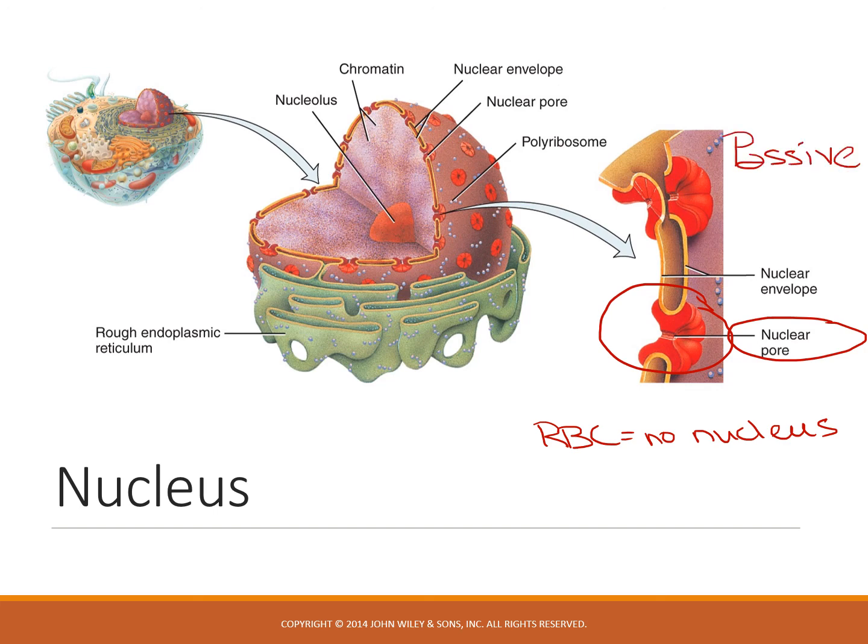So this is a passive process, it doesn't require ATP. But most large molecules like RNA and protein can't pass through unless they pass through by active transport. So passive diffusion is for very, very small molecules or ions.